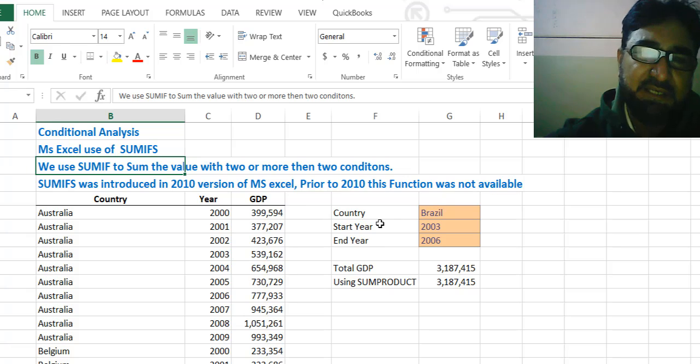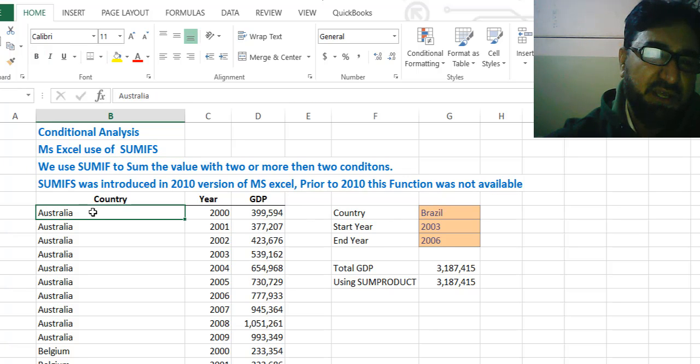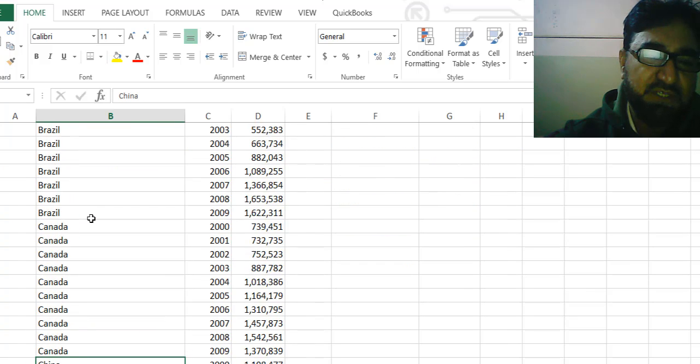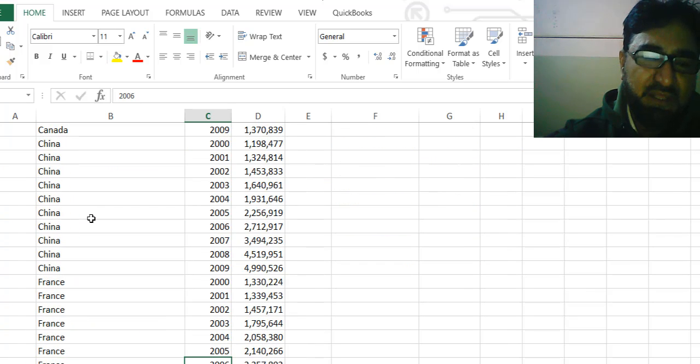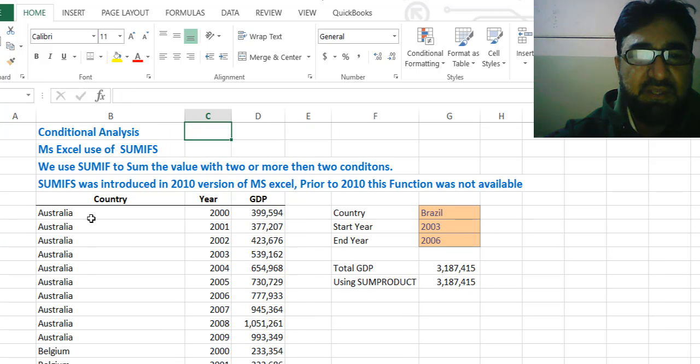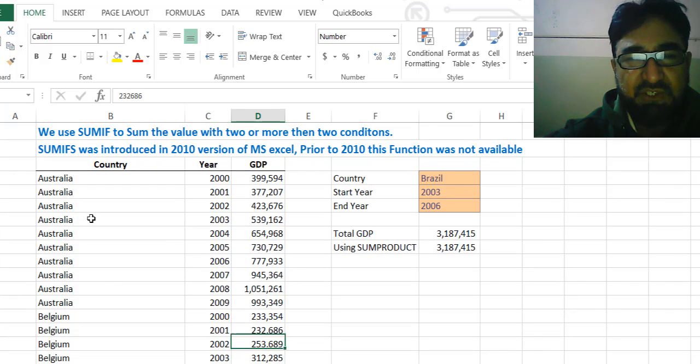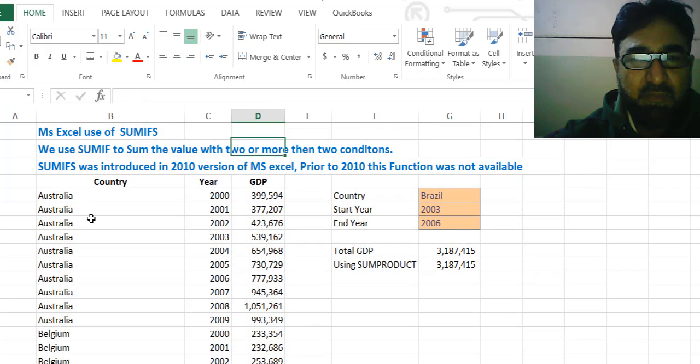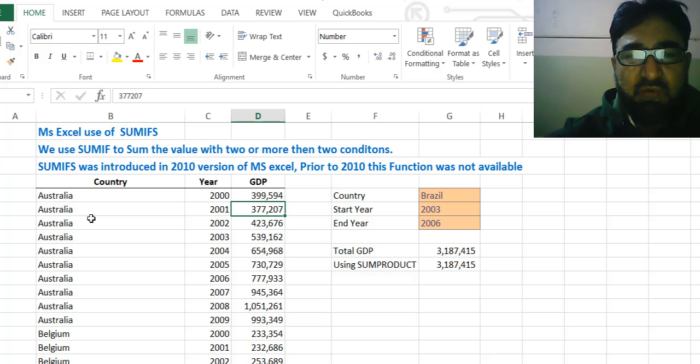Here you can see that in this sheet, here is the list of the country. It's a long list, and here is the year, and here is the amount of GDP. We want to analyze these three columns.